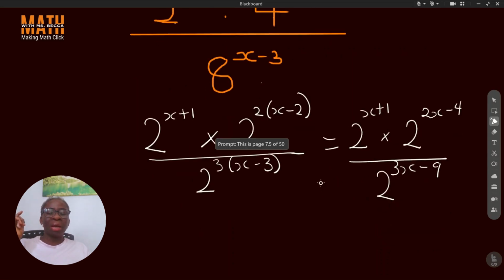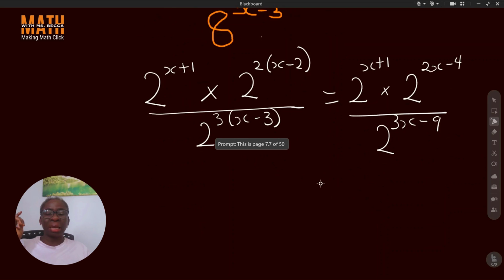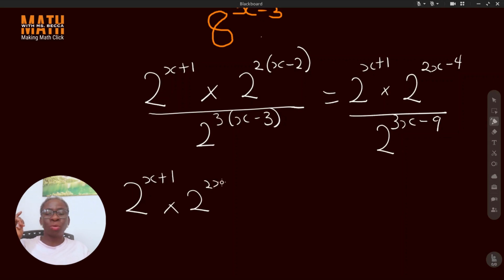So now we can bring them all together so that we have 2 power x plus 1 times 2 power 2x minus 4, then divided by 2 power 3x minus 9.